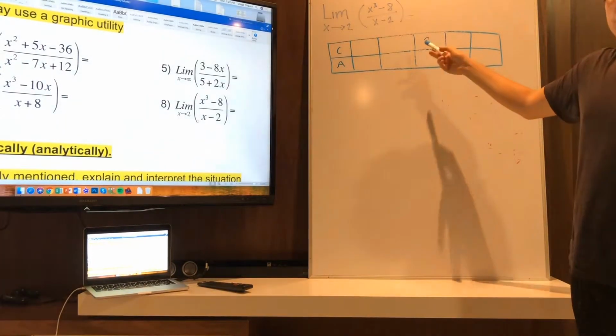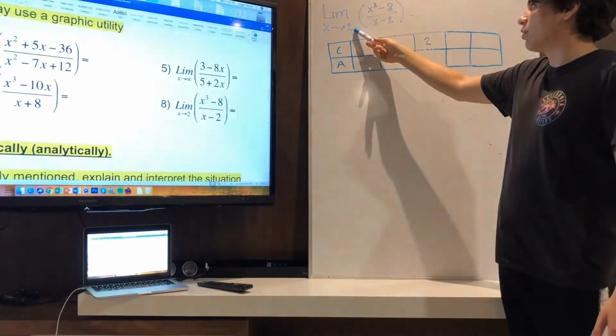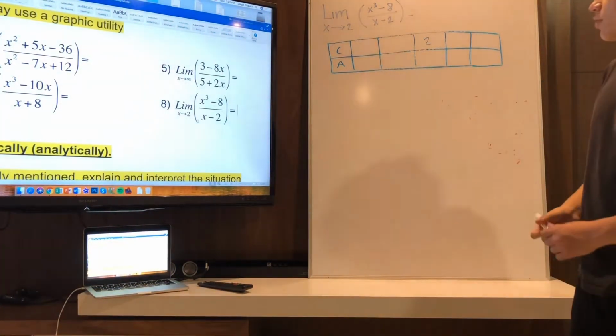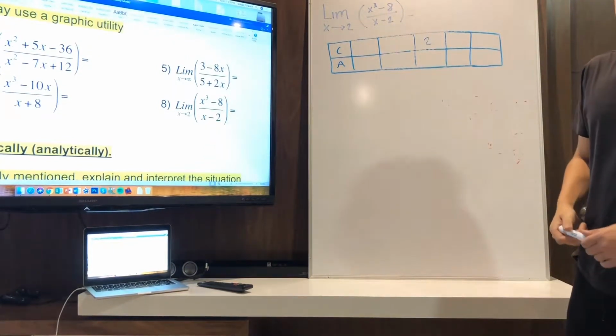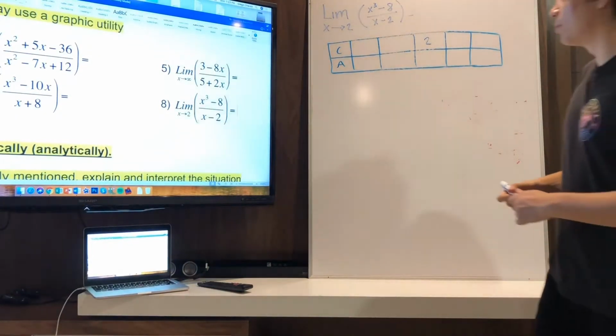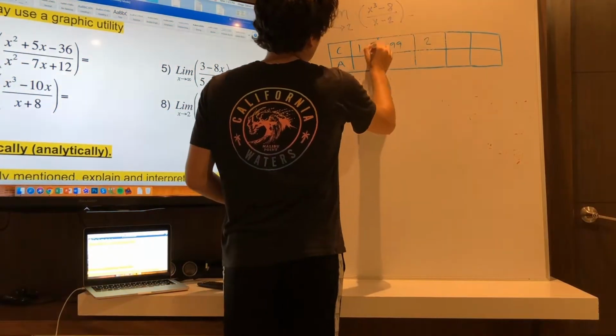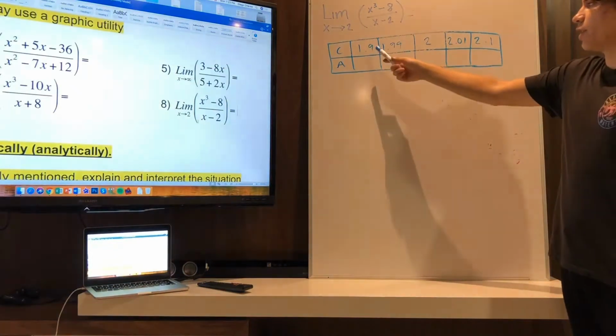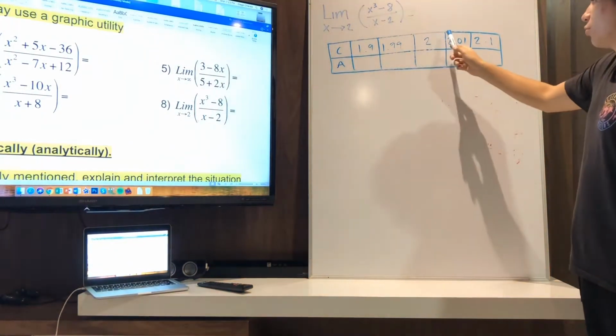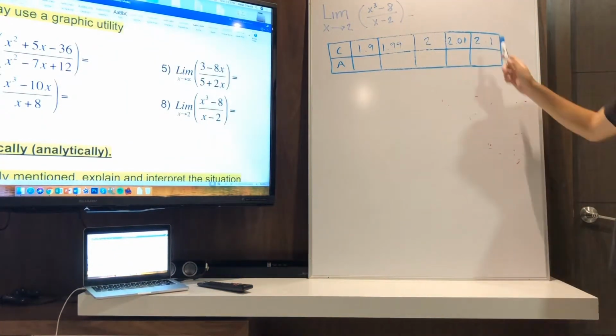We chose the number 2 because that is the limit of the function, and if you put it into the function you are left with 0 over 0. So here I chose 1.9, 1.99, 2, 2.01 and 2.1.